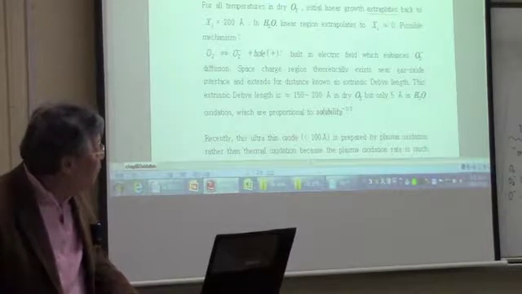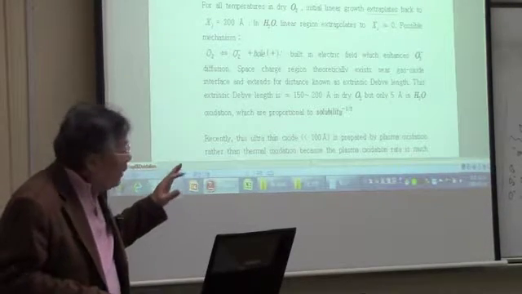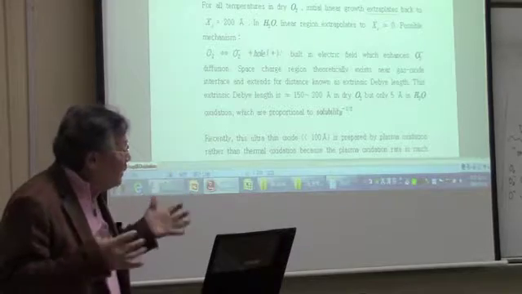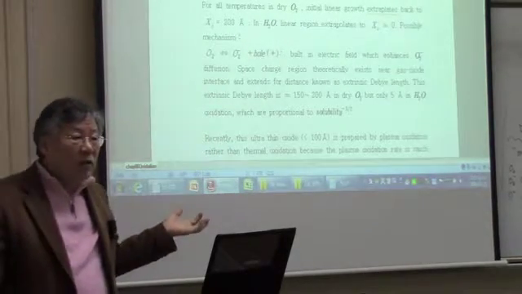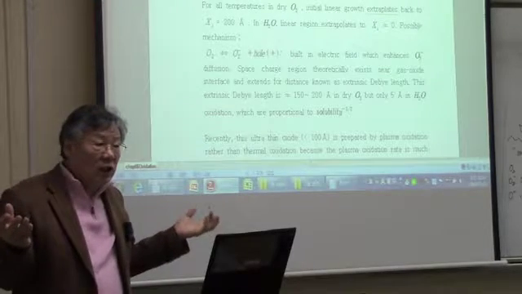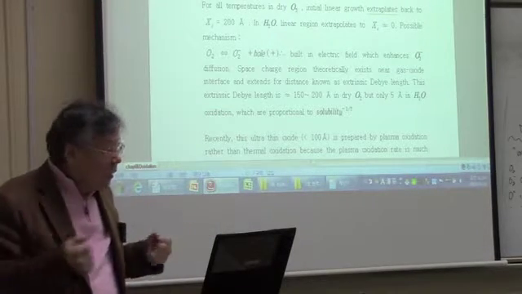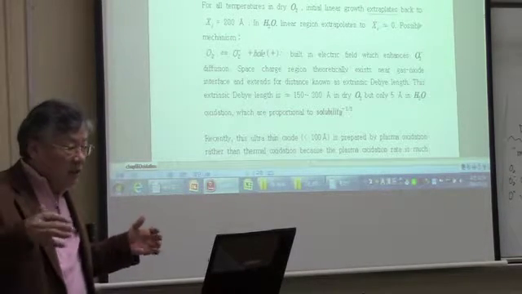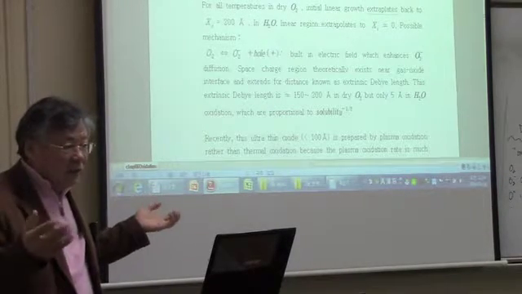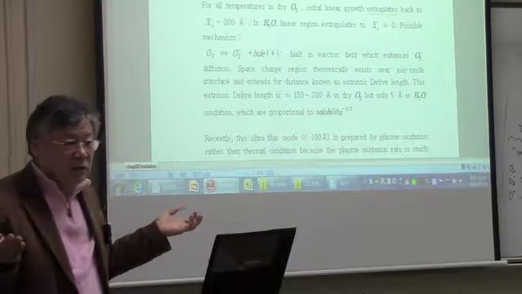But this is very important to notice, because in modern devices, the gate oxide thickness is about 100 angstrom, that thin. So in industry, the oxidation happens just 100 angstrom or so.